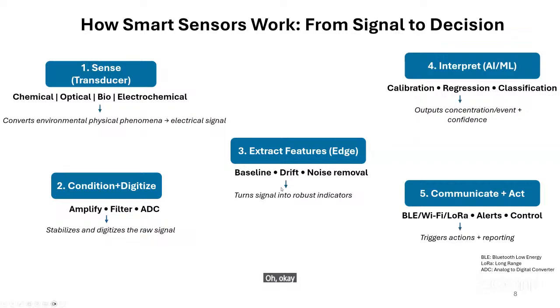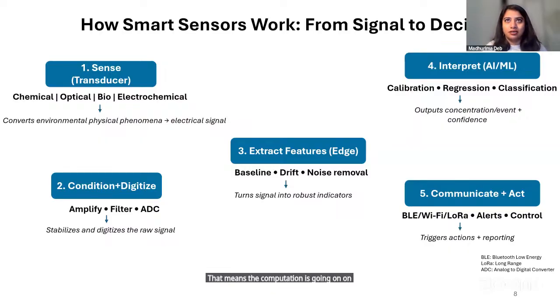Okay, so when we are talking about edge computing and not cloud computing, that means the computation is going on the device itself. So we are not sending all the data to the cloud. The data is there within the device, and all the interpretation or AIML intervention, you can say the calibration, is being done on the device. So we need to make sure that the algorithm is not taking too much space, because it is also dependent on the resource of the device itself.